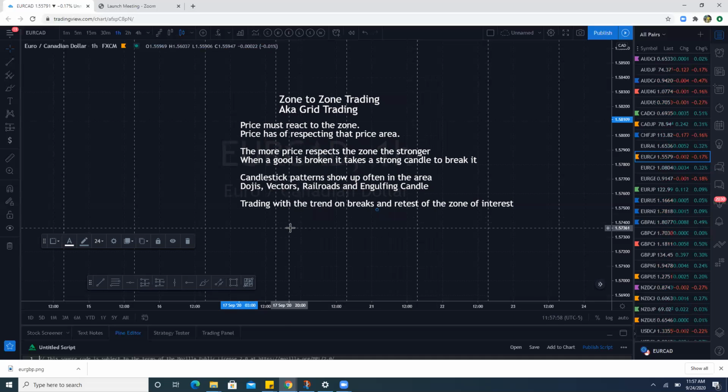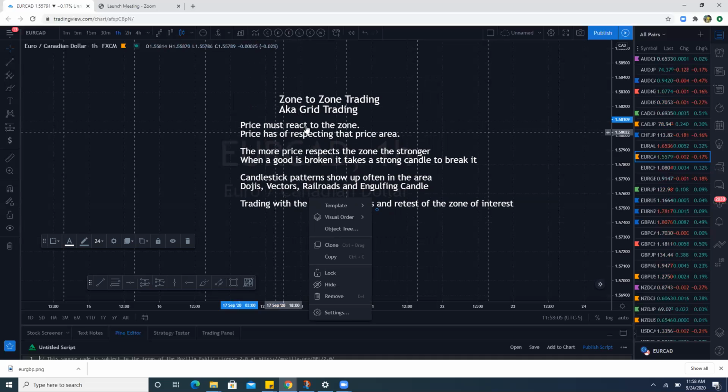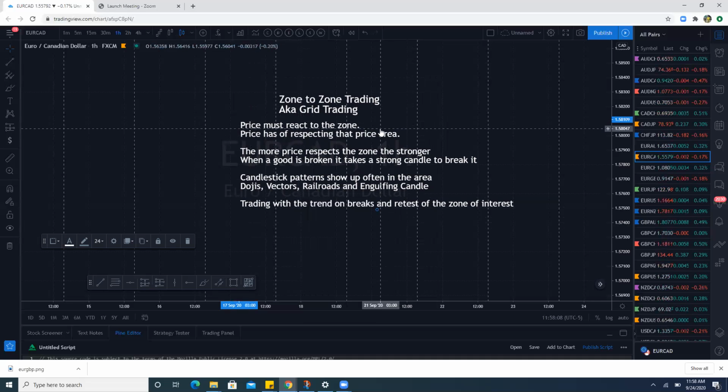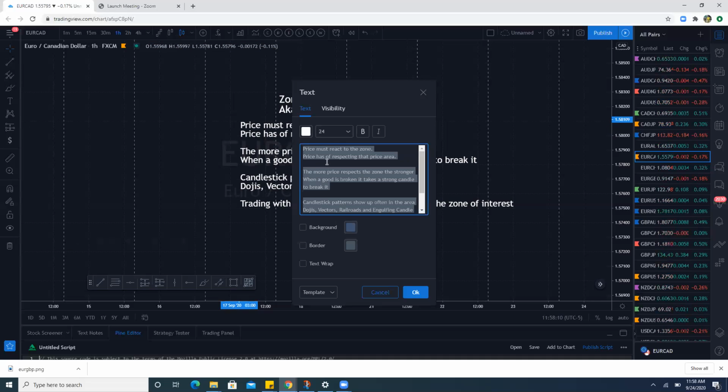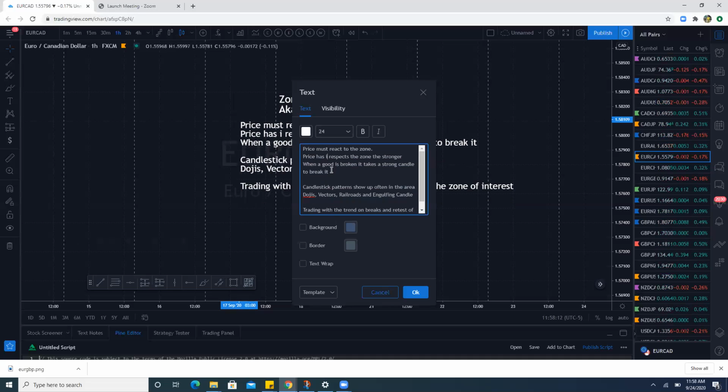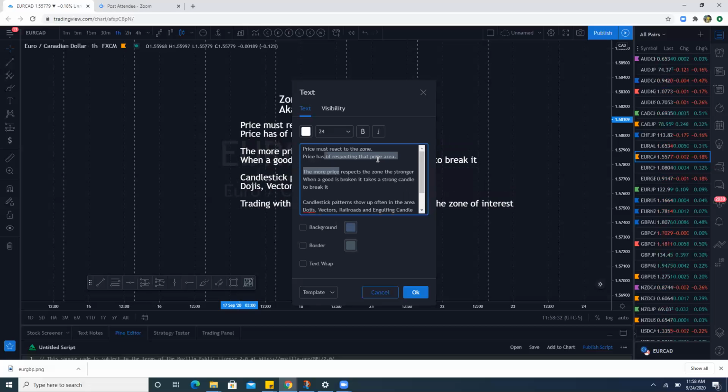So let's go identify a zone first. That's what we're going to do first. We're going to look for price to react to a zone, and have a history of respecting it.